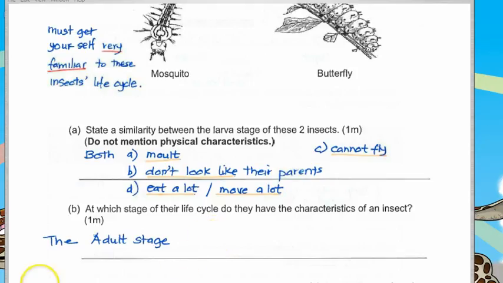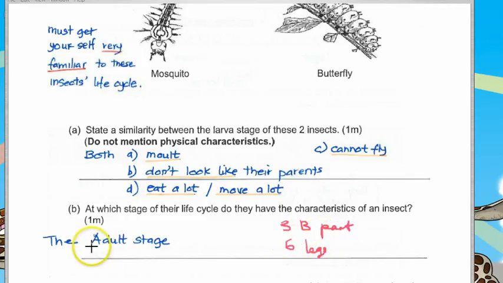To qualify as an insect, you must have 3 body parts. What is the other one? Very important: 6 legs. These 2 main ones. Any animal with 3 body parts and 6 legs qualifies as an insect.